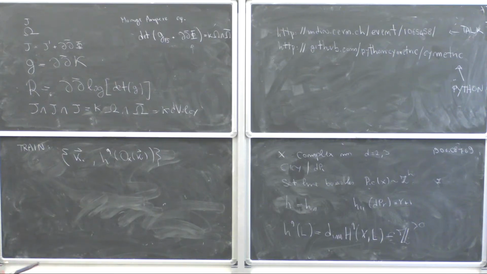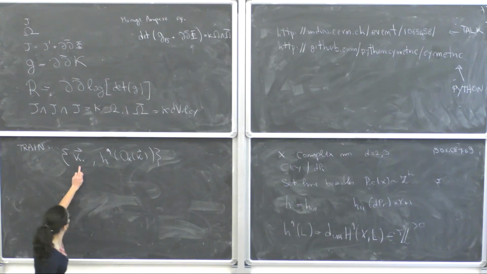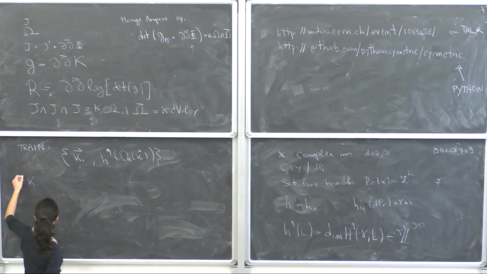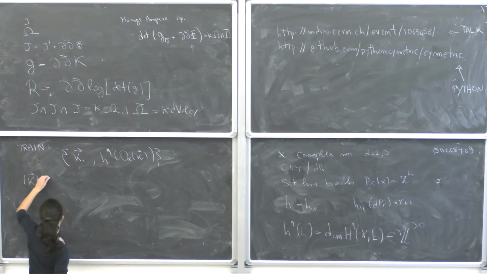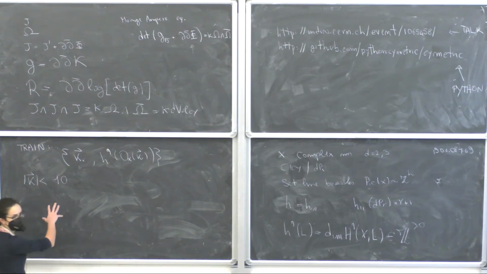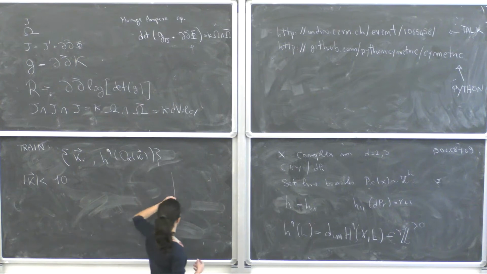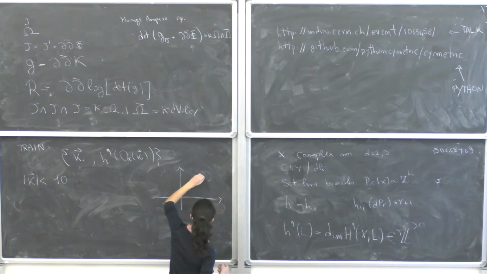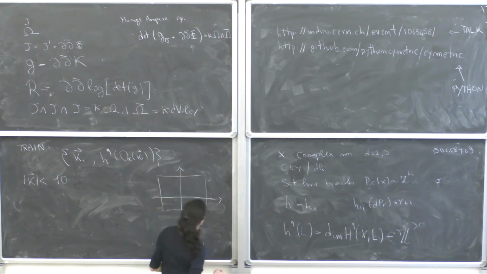Of course, they had probably many values, so they restricted the training set to entries characterized by, let's say, 10 or some number. Let's say if the thing is two-dimensional, they restrict the training set to a square in the Picard group.